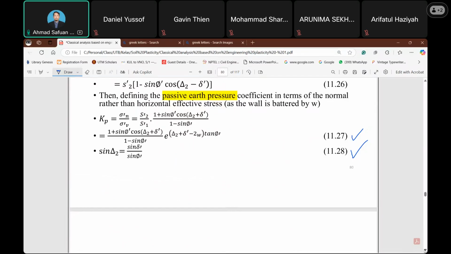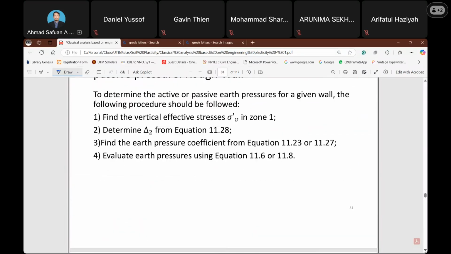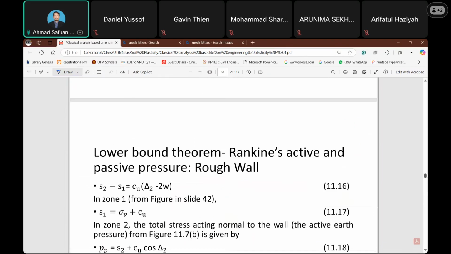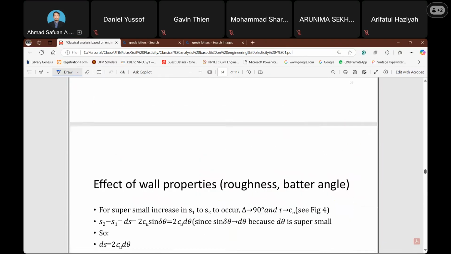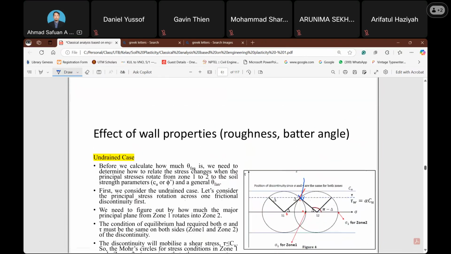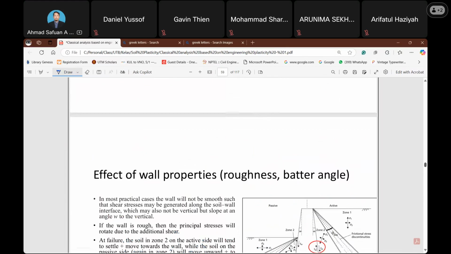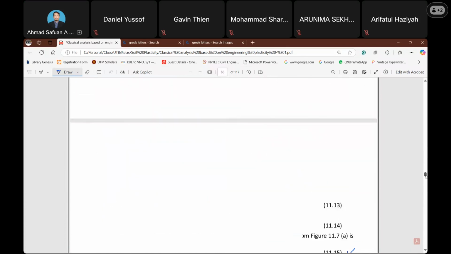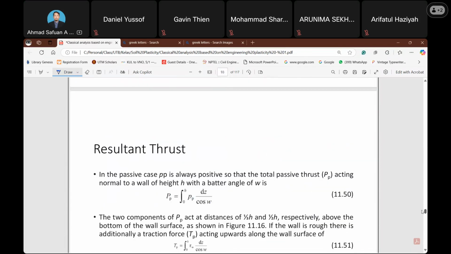Okay, then evaluate the earth pressure using equation 11.6 or 11.8. It's 11.6.